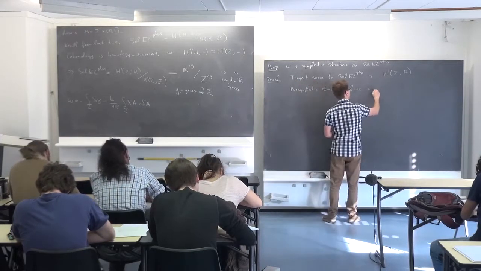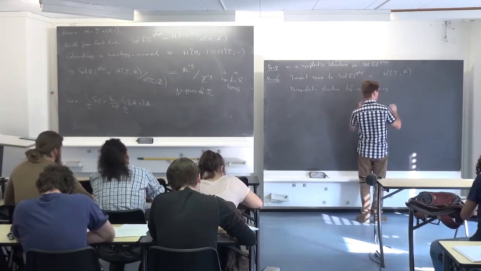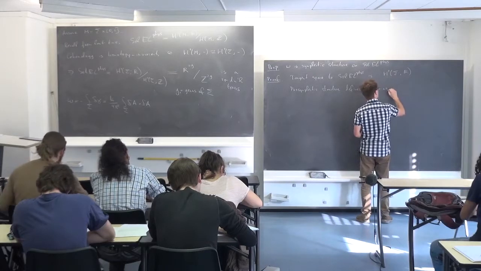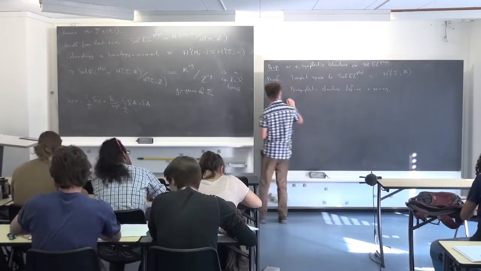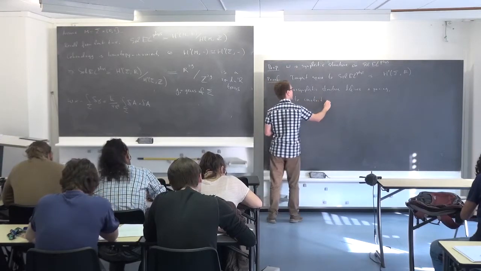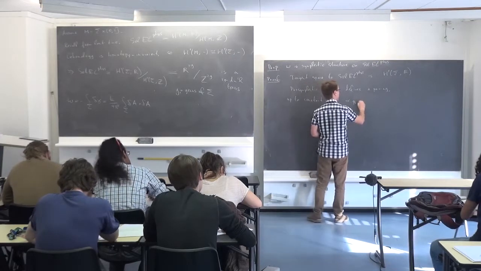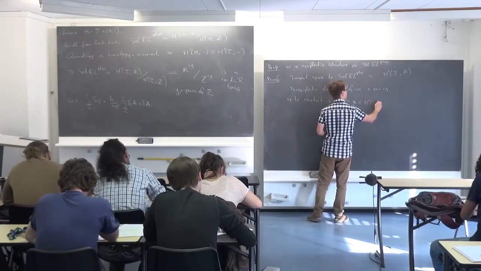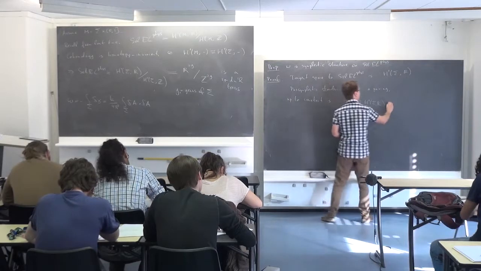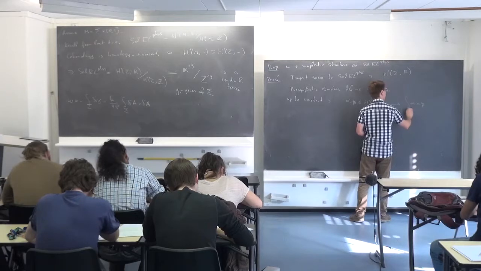So it defines a pairing which up to some constant is just: take 2 real cohomology classes and send them to the integral of alpha wedge beta.